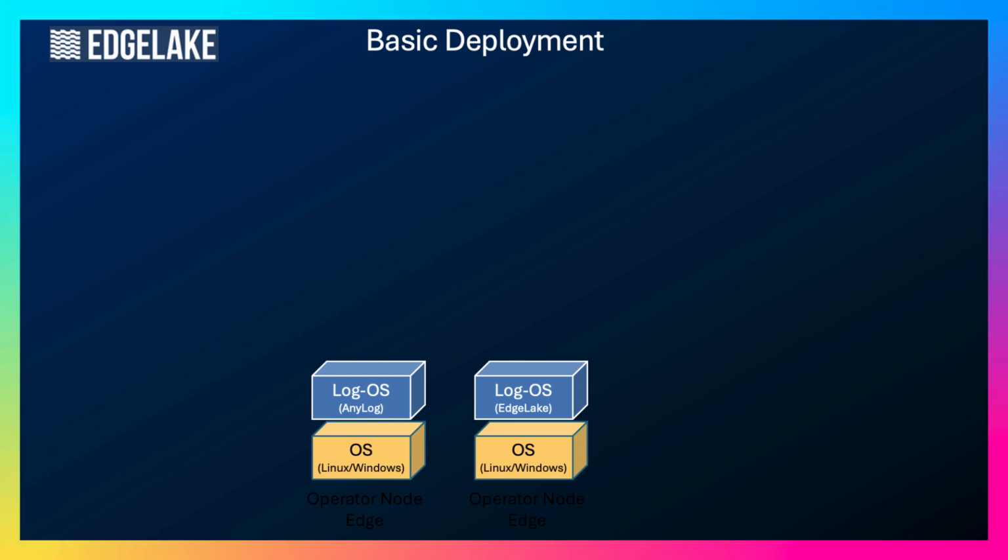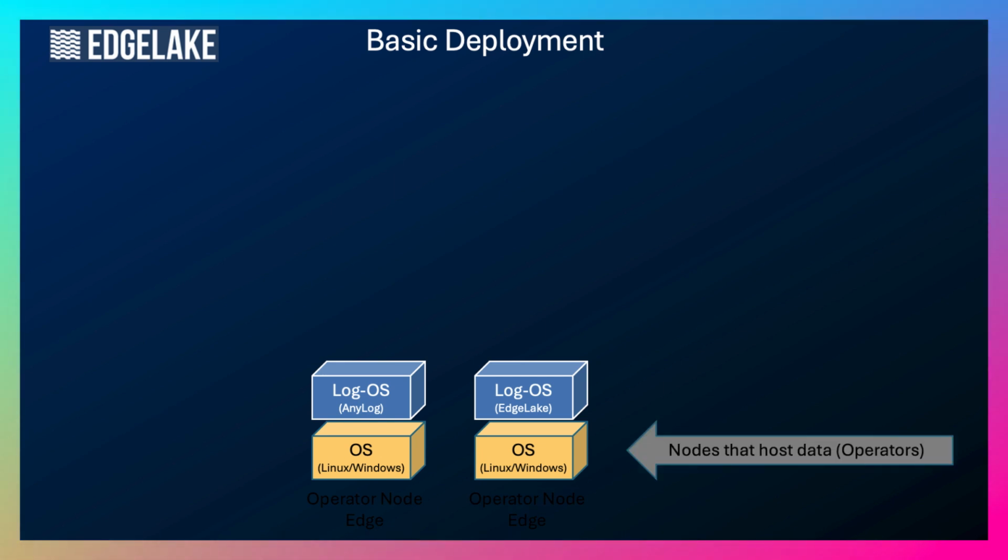We'll go into more detail about that in just a moment. And you have a query. That is a particular service that is used to actually distribute queries across all of the operators that actually contain the data in an AnyLog or an Edgelake network. We'll go into more detail as we move forward.